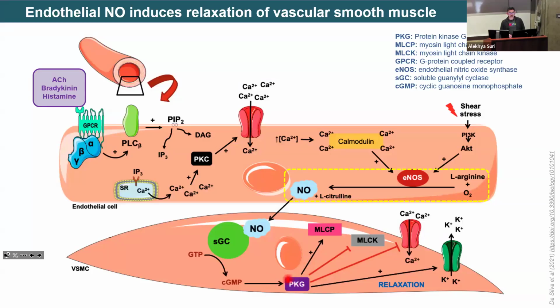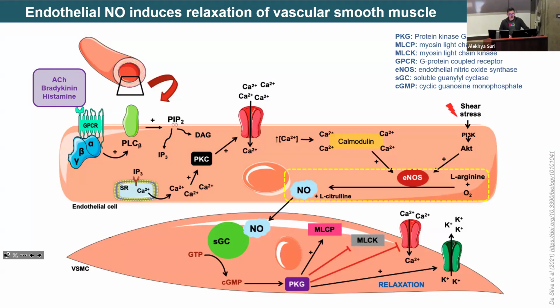And PKG does several things. First, it causes activation of MLCP, right? So if you activate MLCP, what happens to smooth muscle? Relaxation, right? PKG can inhibit MLCK. If you inhibit MLCK, what happens to smooth muscle?